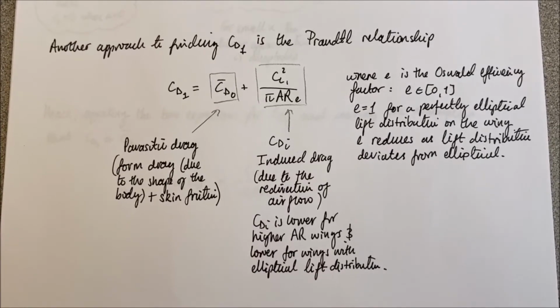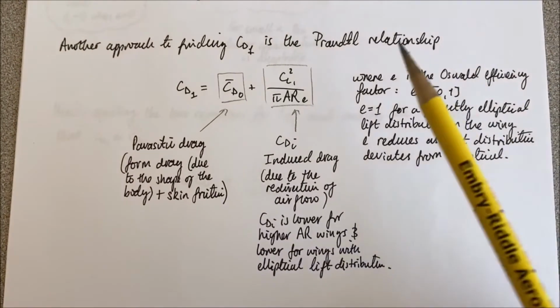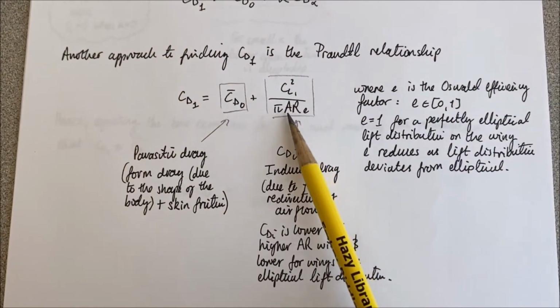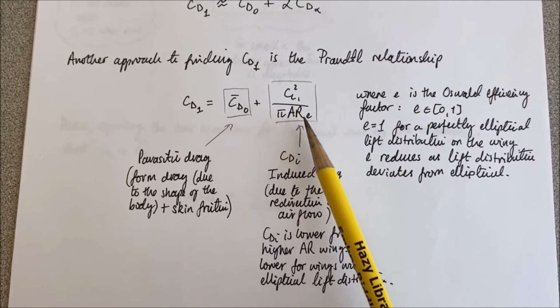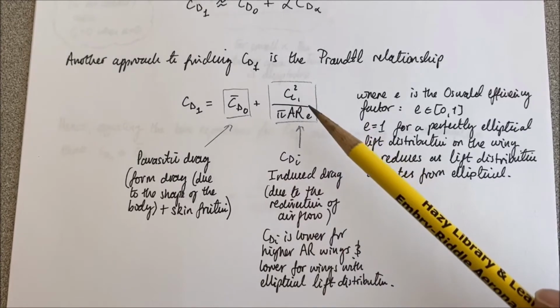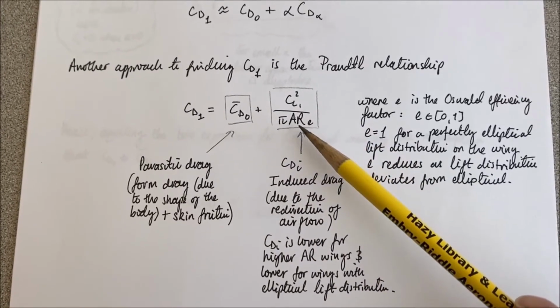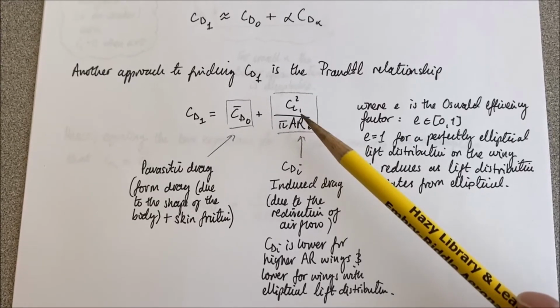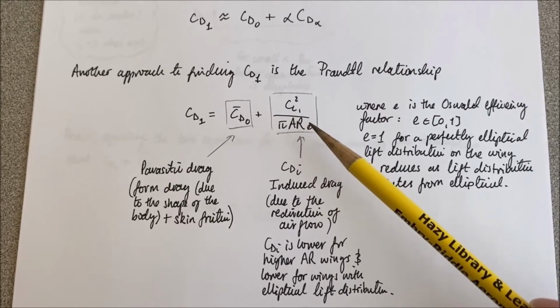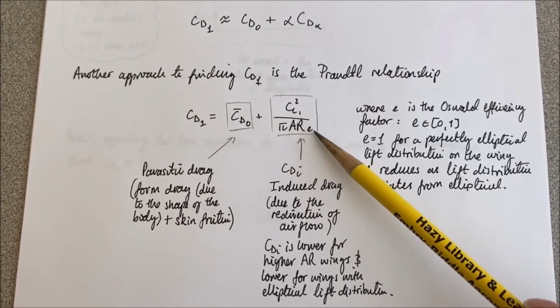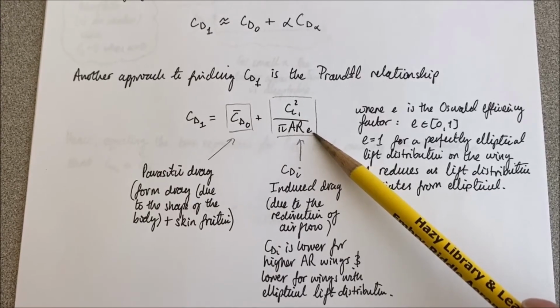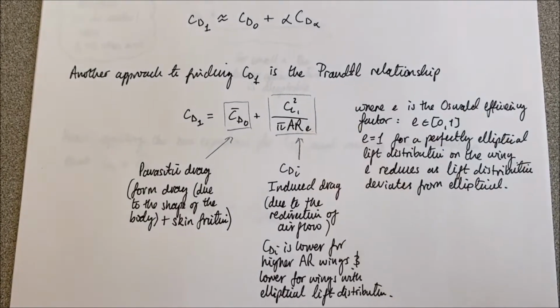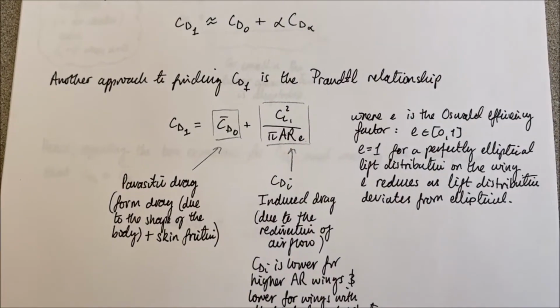And you can see that the induced drag here, because we have aspect ratio on the bottom of this fraction here, the induced drag is lower for higher aspect ratio wings, and also the induced drag is lower for wings with an elliptical lift distribution, because that's associated with this parameter here, E, which is called the Oswald efficiency factor.